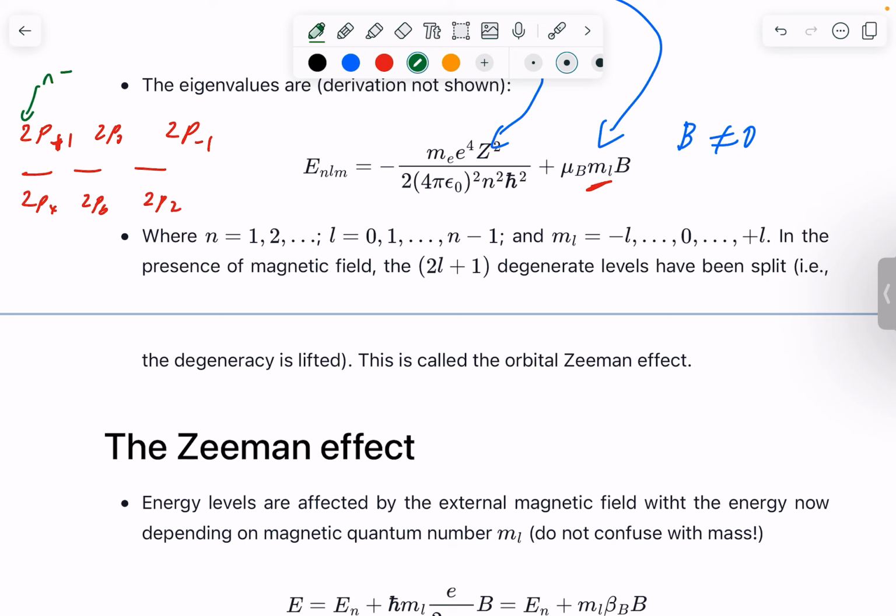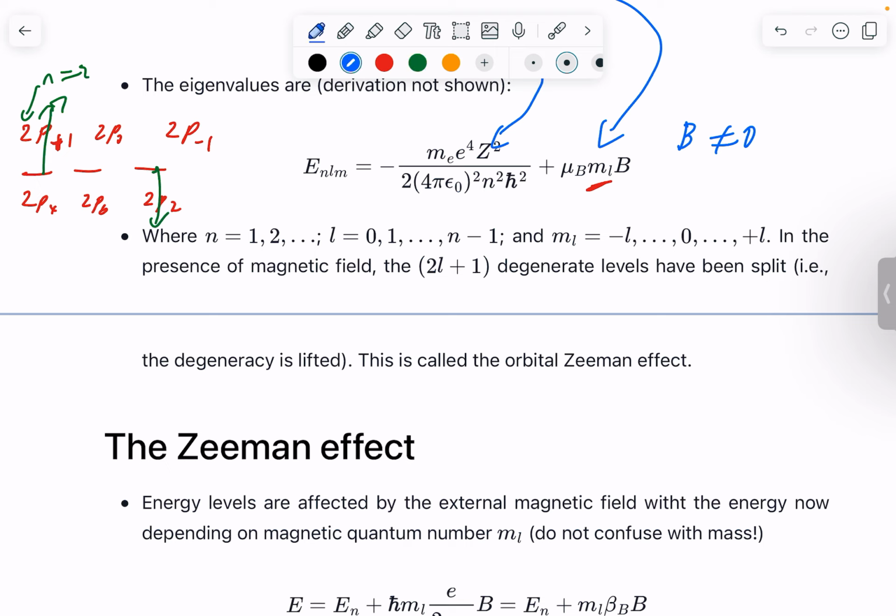But when you do have the magnetic field, suddenly some of these levels are going to go lower in energy, and others are going to go higher. In particular, you see the ML: if it's negative, the level is going to go down; if it's positive, it's going to go up; and if it's 0, it's going to stay the same.